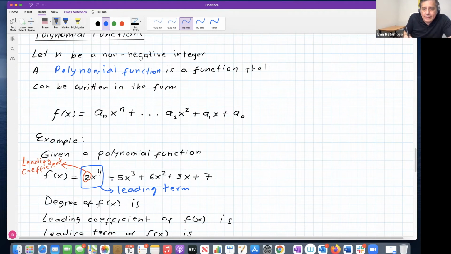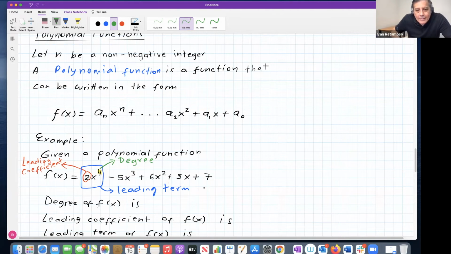All together. Now, the number on top of the variable, highlighted, is called the degree. It is the highest power of all the terms. This has exponent 3, this has exponent 2, 1, exponent 0, but the highest, this 4, is called the degree of the polynomial.